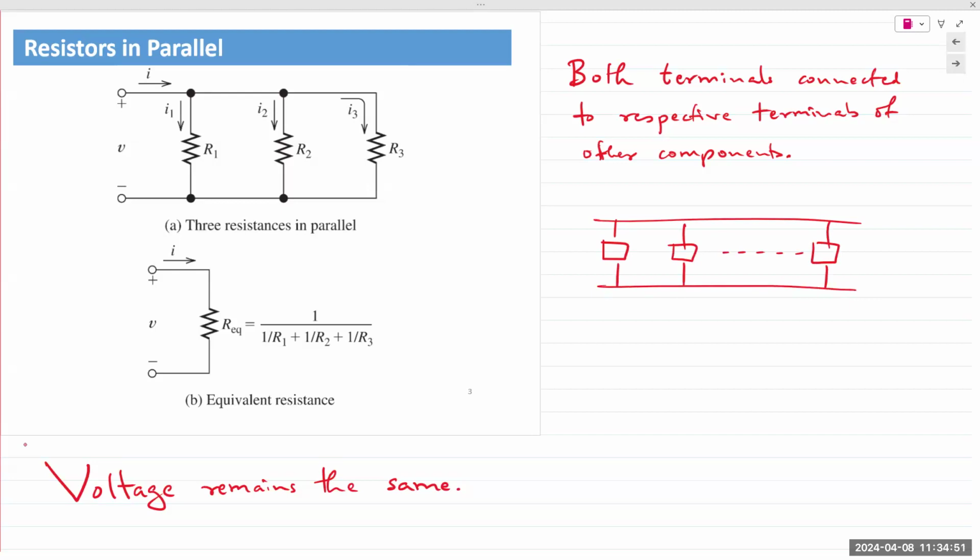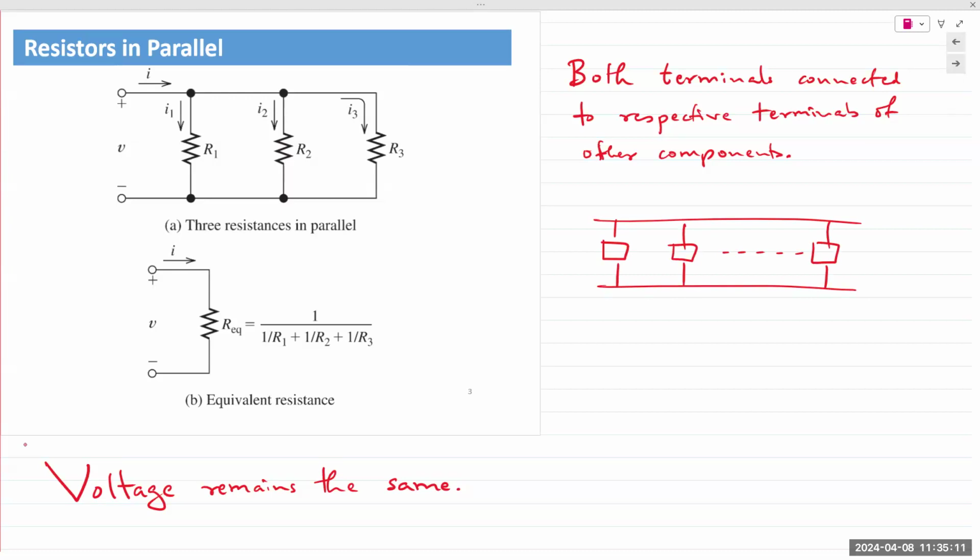So series connection can have many nodes, as many nodes as there are components. And then you have two outer terminals. In a parallel connection, there are only two nodes. Doesn't matter how many components you have connected in parallel, it's always those same two nodes.